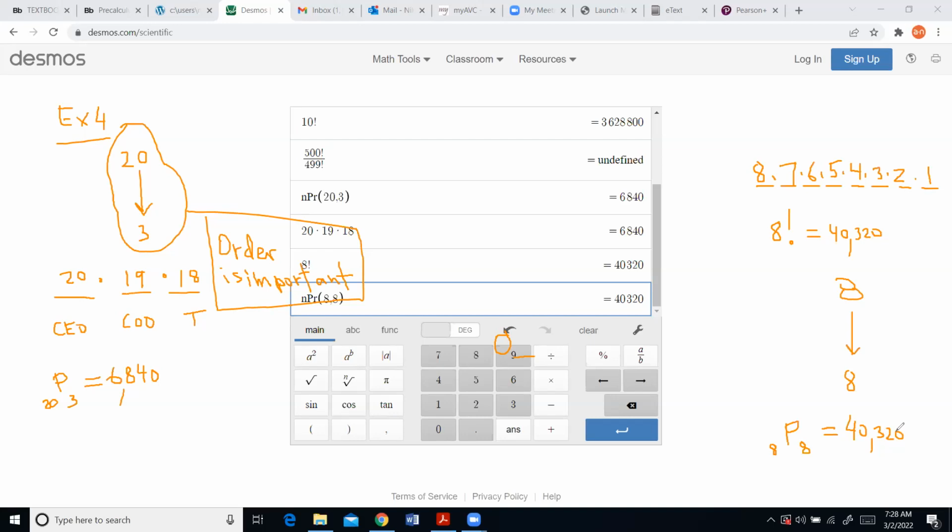If you choose a little less, please notice that in the previous exercise, I had selected not all 20, but just 3. So I started 20, 19, 18. If I kept going down 17, 16, I would get that factorial at the end of the day. But once I cut this process, I stopped after I selected the third.